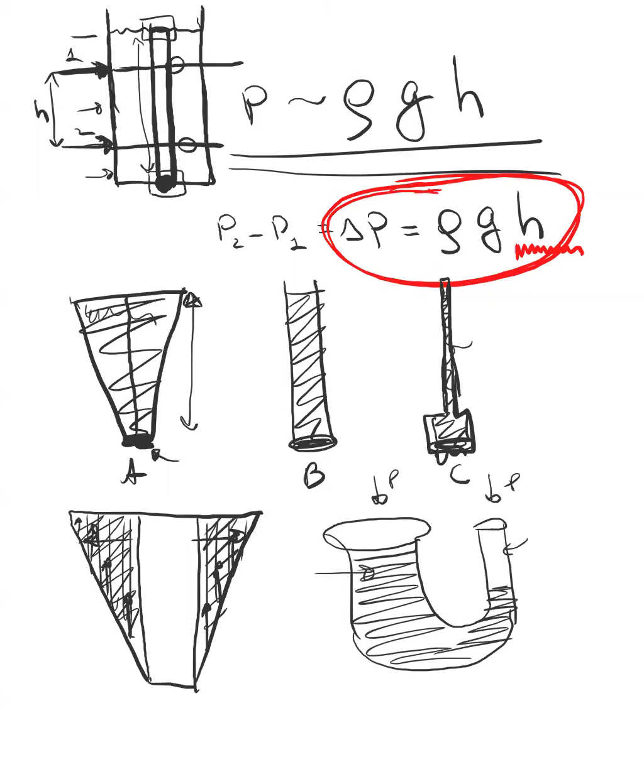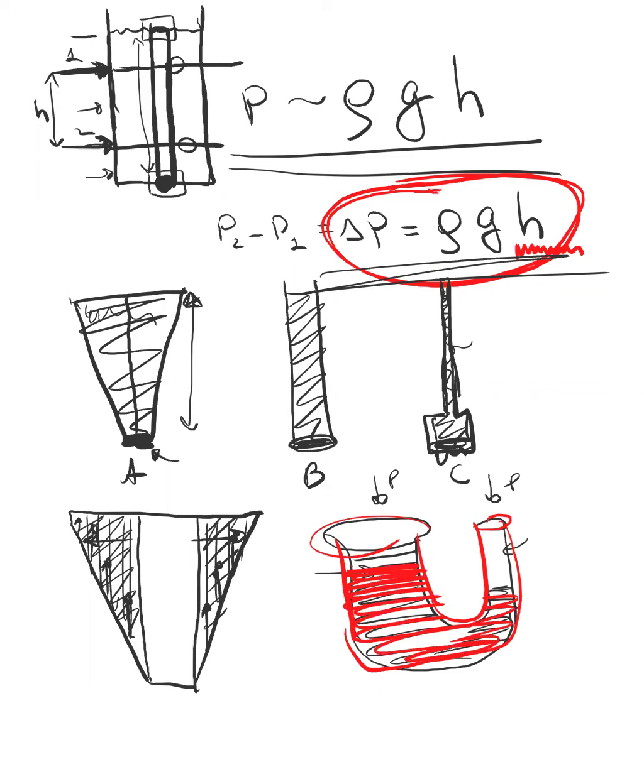And so the consequence of this key formula is that at equilibrium, it doesn't matter what shape these two tubes have. At equilibrium, the level of liquid in both has to be the same. So this is the equilibrium.